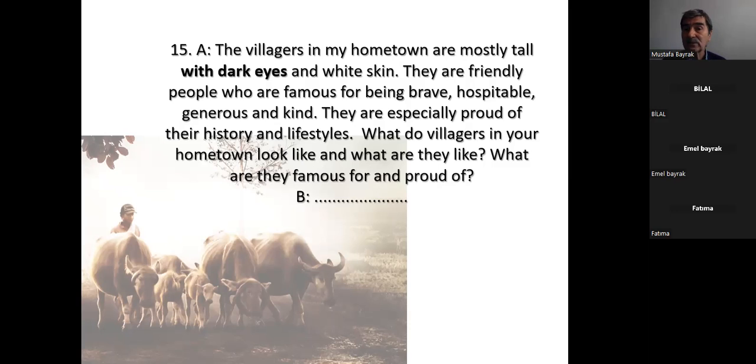What are they famous for and proud of? I think we can say the same sentences. They are tall with, for example, fair with brown eyes and white skin. They are honest, they are friendly people, and they are famous for being hospitable, something like this.